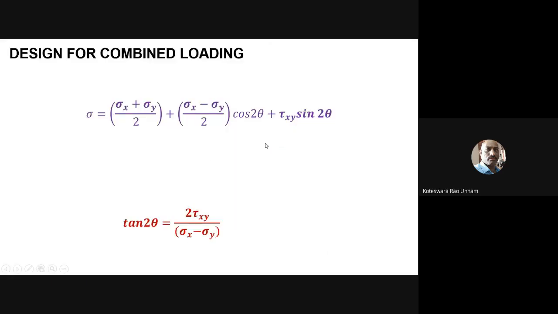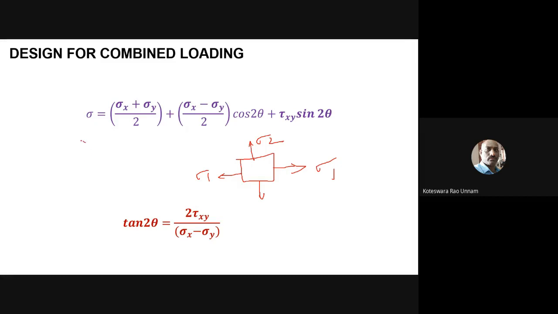If you show a stress element, how do you show it? This is the sigma 1 direction, and this is sigma 2. Right? Yes sir. So what is the angle between these two?